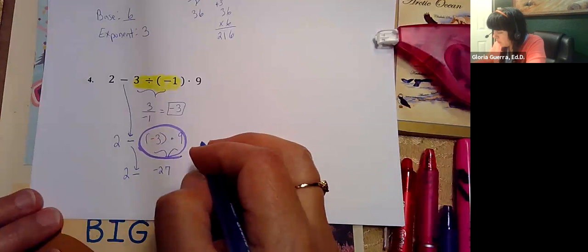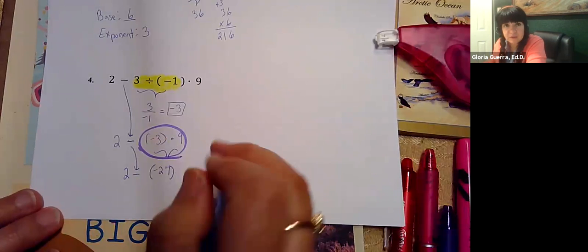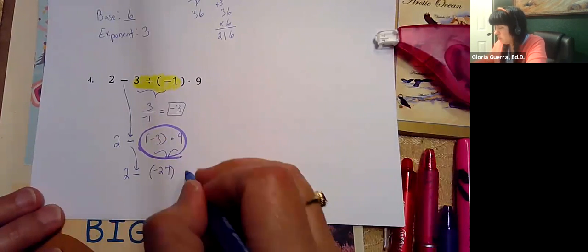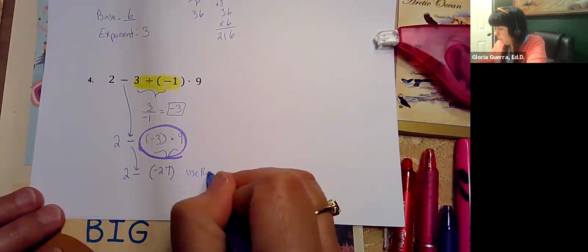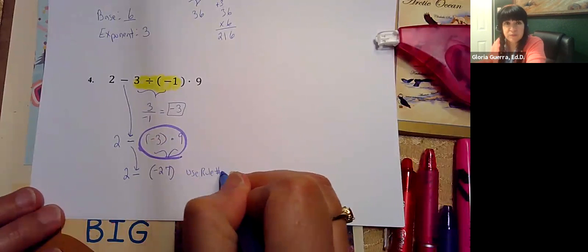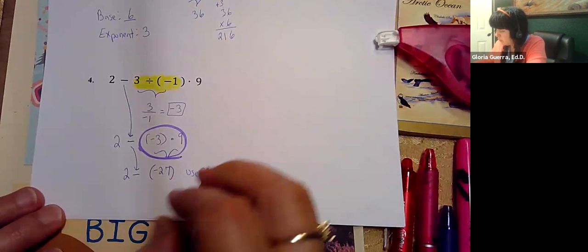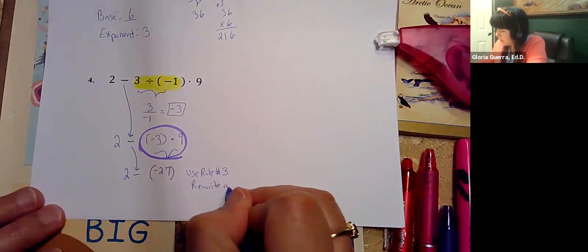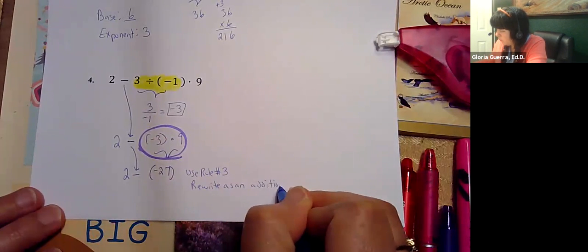I would put parentheses as an attention grabber, because you've got a double negative going on here. So now this is using rule number 3, subtraction of signed numbers. They want you to rewrite this as an addition problem.